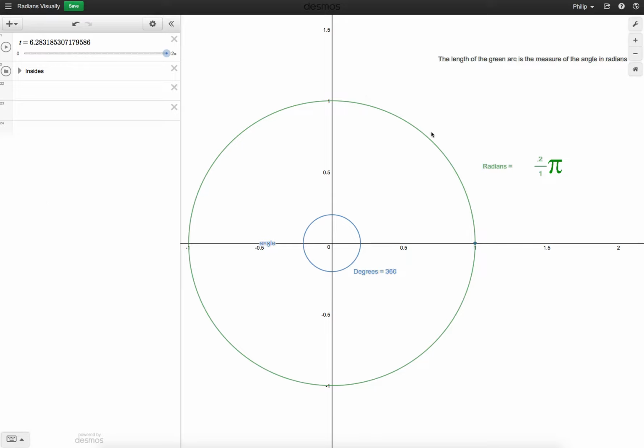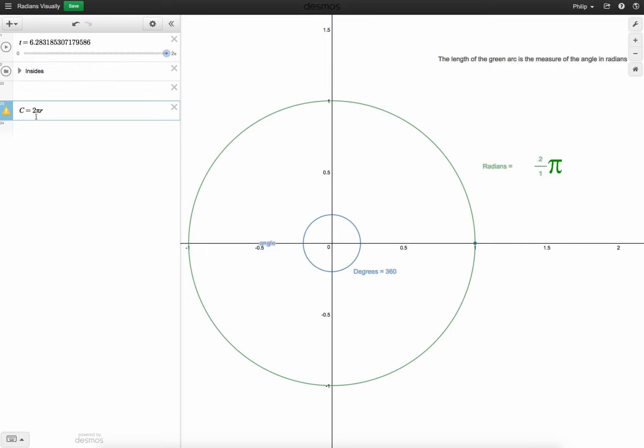If I started here and I walked all the way around the circle and came back to my starting point, how far would I have walked? Okay, so you may be familiar with this formula: C equals 2 pi r. So what this stands for is the circumference of a circle is equal to 2 times pi times the radius of the circle.